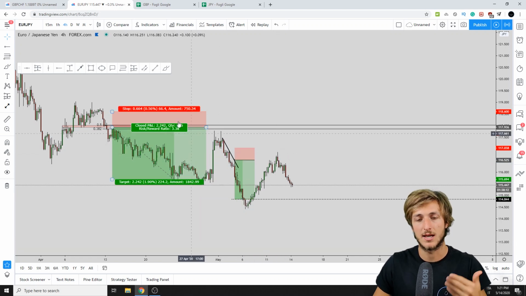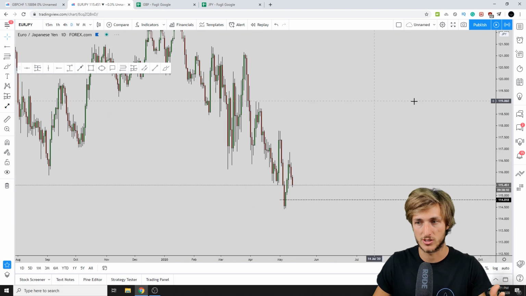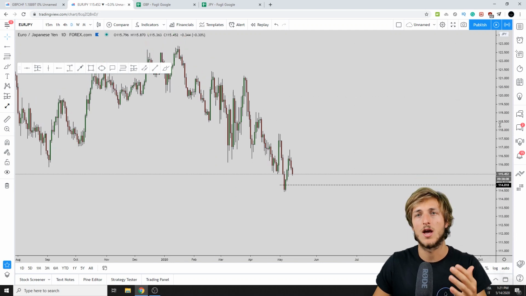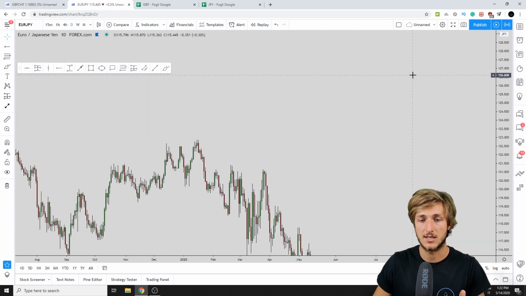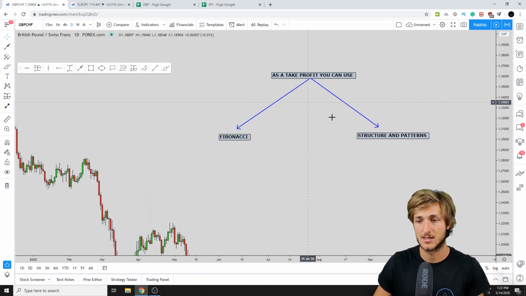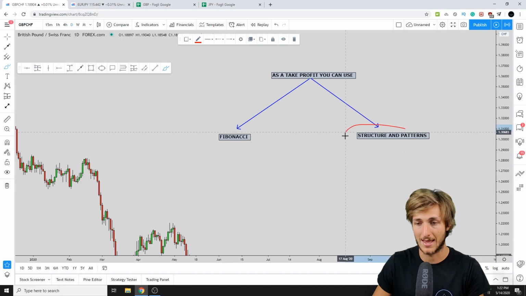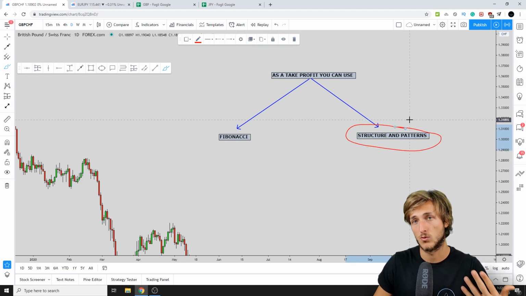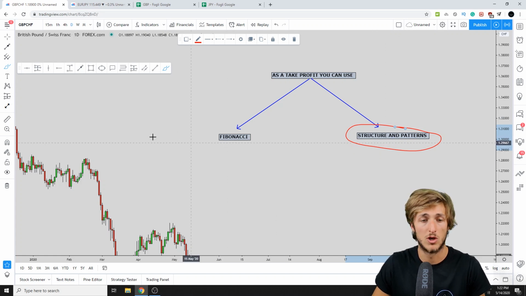So let's speak about this other concept. Recapping, if you have a trending market, it's best to be using Fibonacci levels as take profits, exactly as I showed you here. But if you have to be looking at targets by using structure and patterns, that is the best way to do it if the market is, for example, in a consolidation period, or if you have a very near level of structure, which in a trending market you usually don't have.